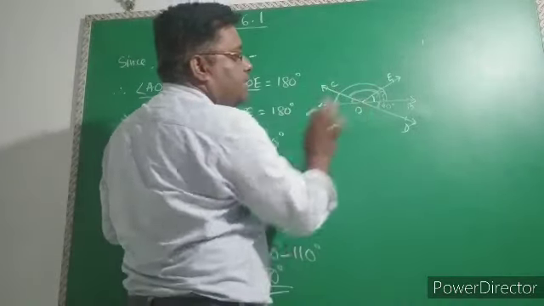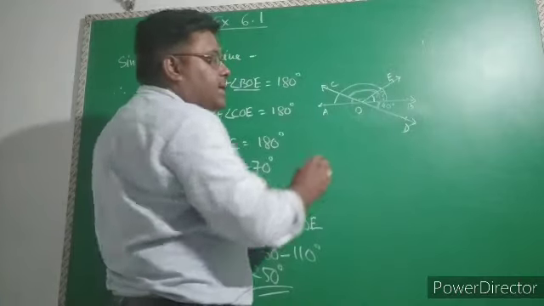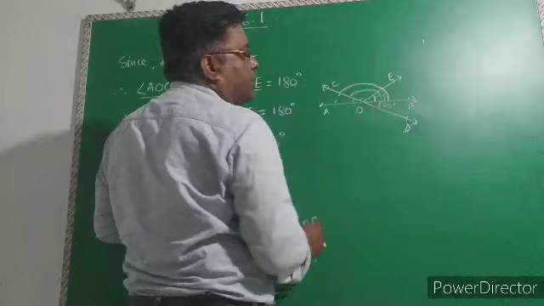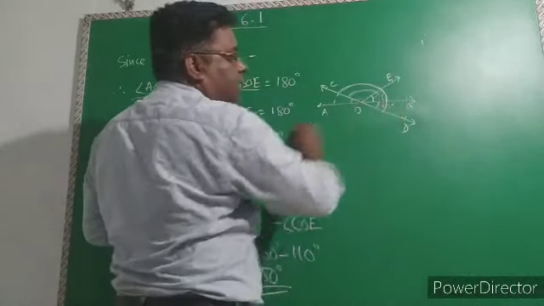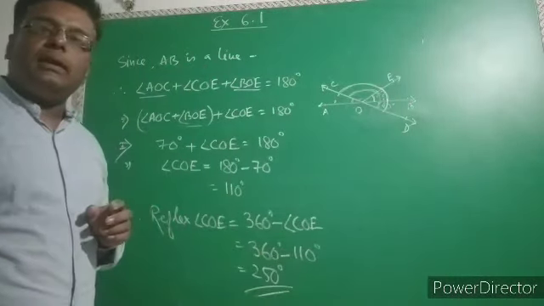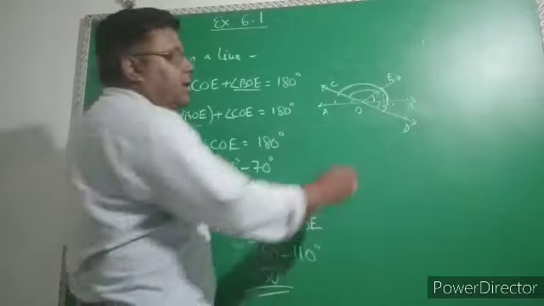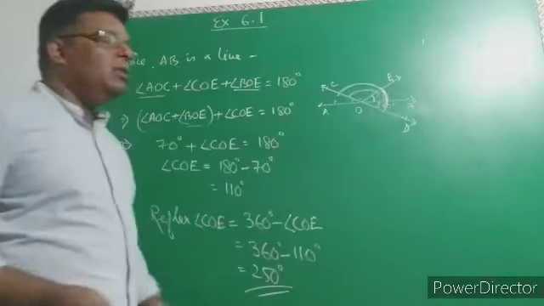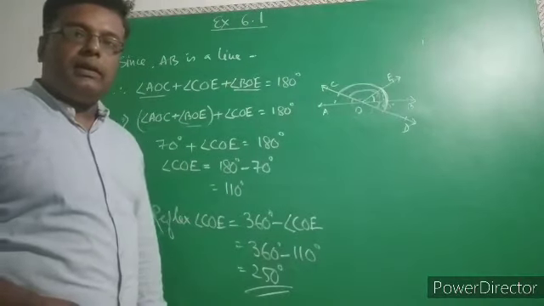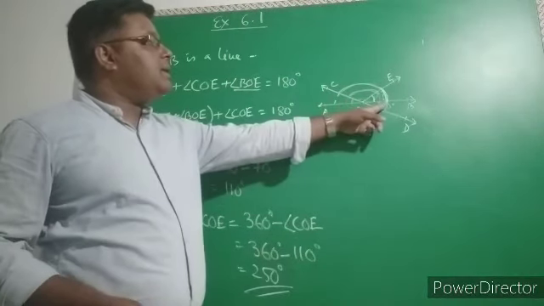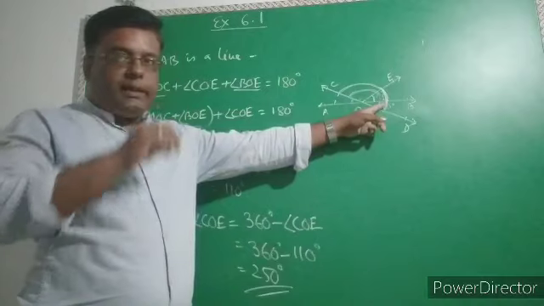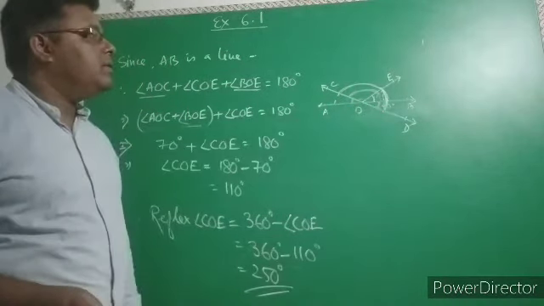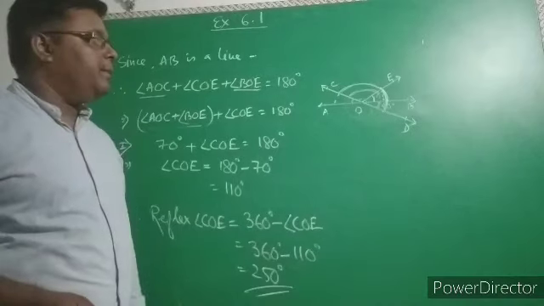Or suppose CD is a straight line, then COE plus BOE plus BOD is equal to 180 degree. BOE plus BOD is equal to 70 degree, so COE plus 70 is equal to 180. Then also you can get the value of COE.